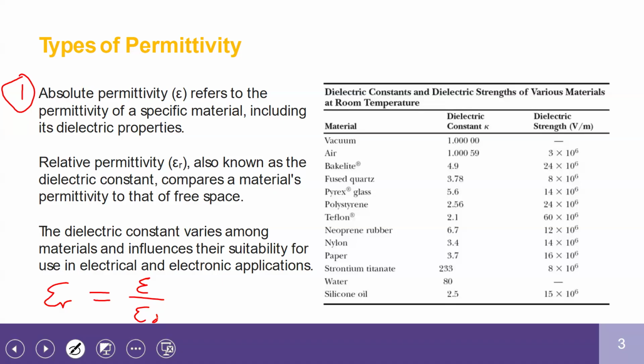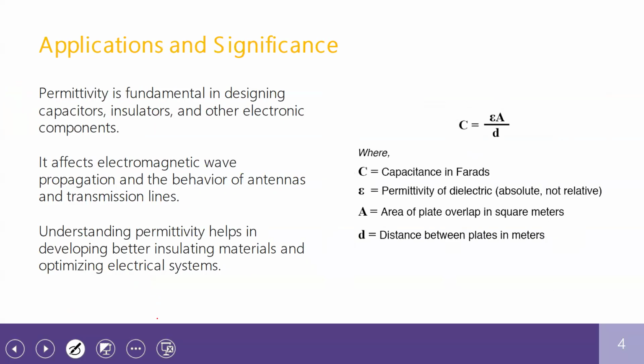You know that we have different materials that can be used in electrical and electronic applications. Those applications depend on the dielectric properties or the dielectric constant, as well as the permittivity of that particular material. So then what are the applications and significance of this permittivity?